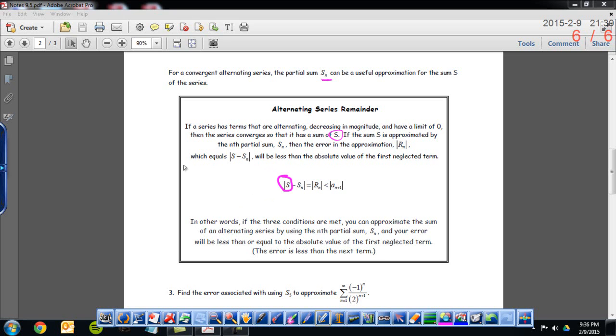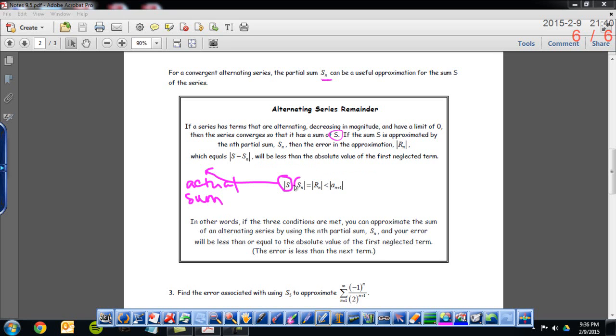Okay, so S is the actual sum. If we were to add up every single term, an infinite number of terms. And remember that that is impossible or extremely hard to find.